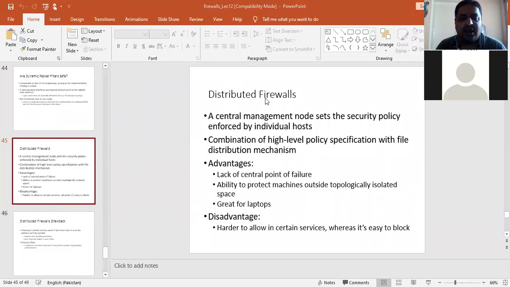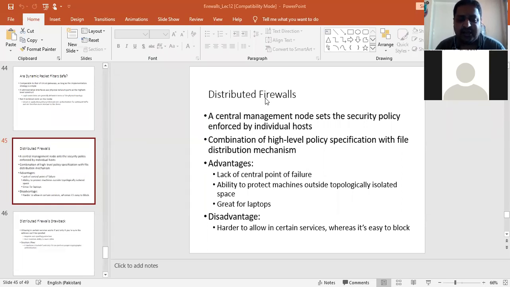For example, there could be a central firewall that is connecting to some other firewalls and defining rules for them. So we can have a distributed type of firewall system, which actually consists of different firewalls connected with each other, defining different rules for different systems or for a network.